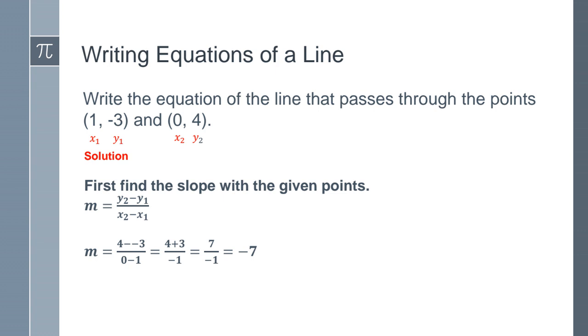My y2 is 4 minus my y1, which is -3. And my x2 is 0, and my x1 is 1. So then 4 minus -3 will give us a positive, it will be 4 plus 3, which will give us a 7 in the numerator. And 0 minus 1 will give us -1. So 7 divided by -1 will give us -7. So the -7 is my slope.